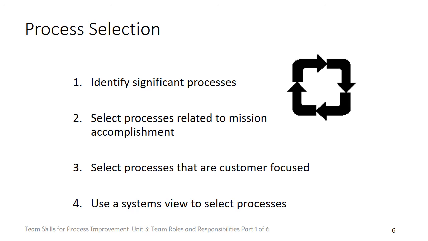But workers in the process usually don't have a systems view of the organization. So it is important to remember that the senior leaders provide strategic direction for all process improvement teams. Only in this way can you be sure that your efforts will optimize the organization as a system.